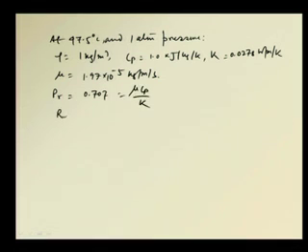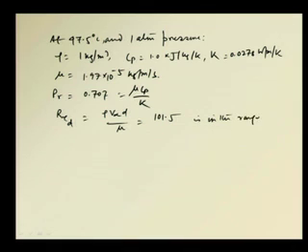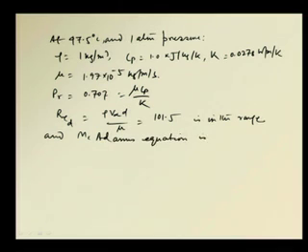Reynolds number based on the diameter is equal to rho V infinity d by mu, and this value is becoming 101.5. So, Reynolds number is in the range, and McAdams equation is applicable.